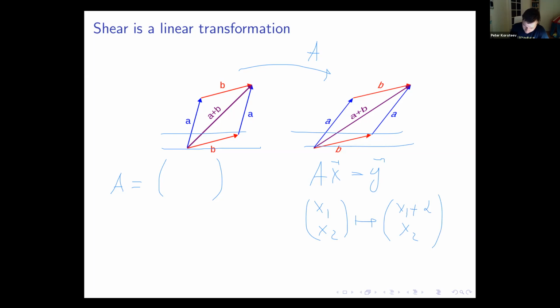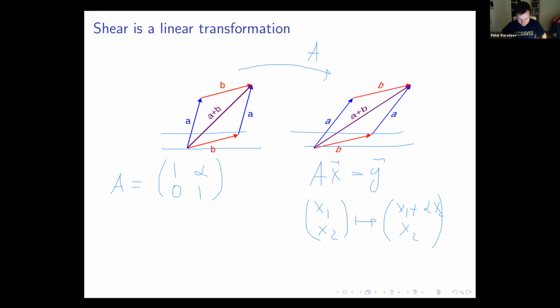And this alpha actually depends on x2, right? Because the longer the vector, the bigger the change. So the matrix is 1, alpha, 0, 1.